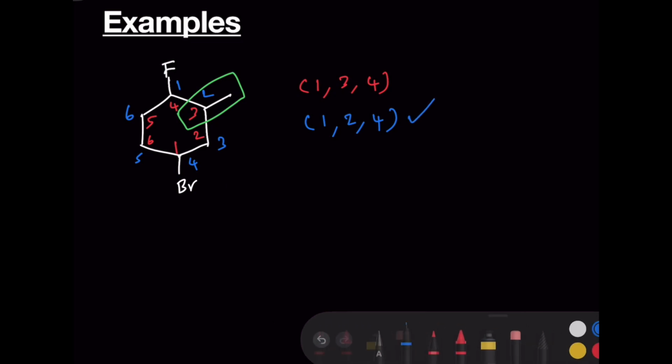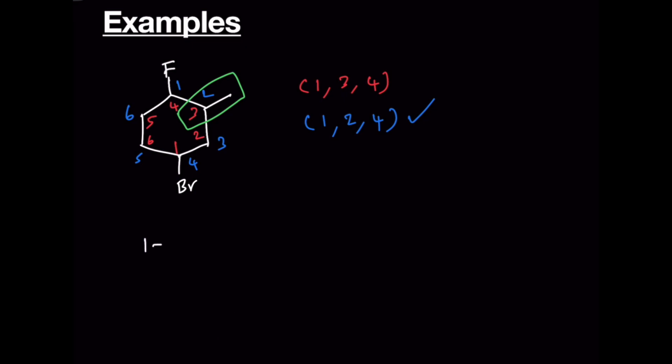So now let us do the naming. Can we start putting 1-fluoro? No, we still have to follow the alphabetical order. So the correct IUPAC name for this molecule is 4-bromo, 1-fluoro, 2-methyl cyclohexane.